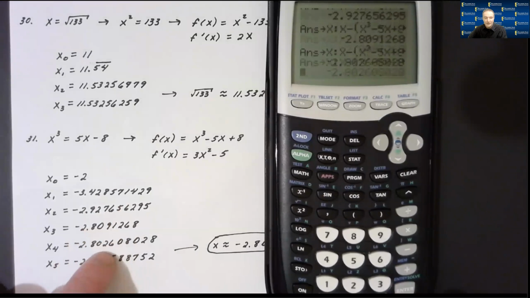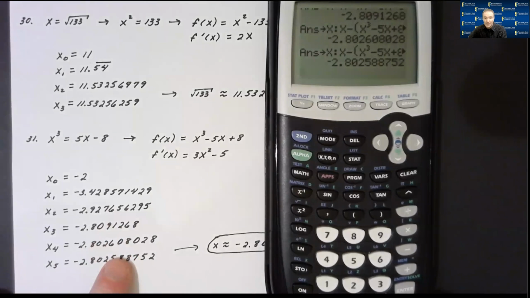Your fourth refined guess. And here I was like, oh, okay, now things are starting to converge. I've got -2.80260828. And I can say, well, still, I don't quite even agree to 2 decimal places because this would be -2.81 and this would be -2.80. So I kept going again.